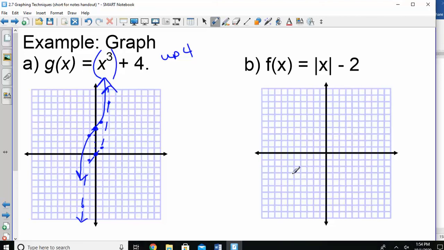B, the absolute value of x, we know that's the v. What would the minus 2 do here? Down 2.